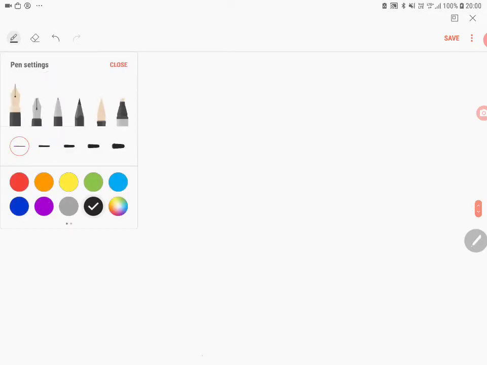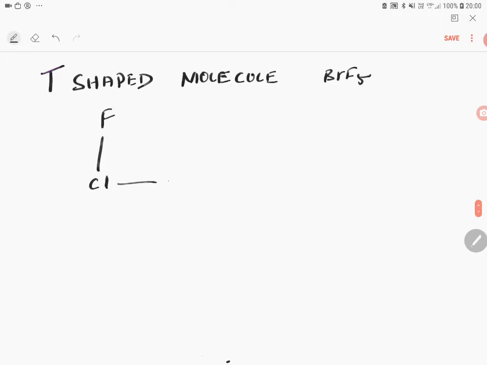Now see, the T-shaped molecule of BrF3. Okay, now supposing I am putting exactly a T shape like this, and the electrons are arranged like this.